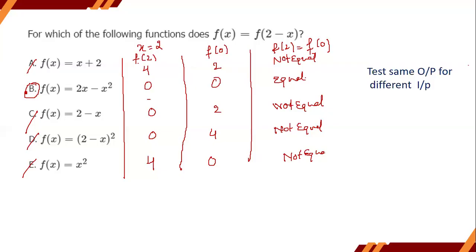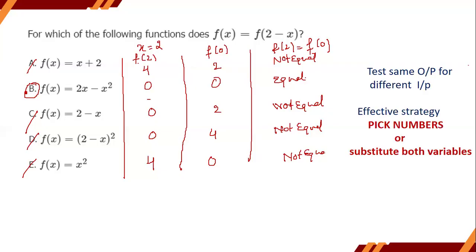So that's what this question tests. You will have the same output for different inputs. And the effective strategy is either to pick numbers or substitute the variables in the functions.